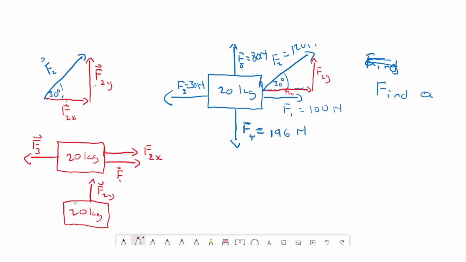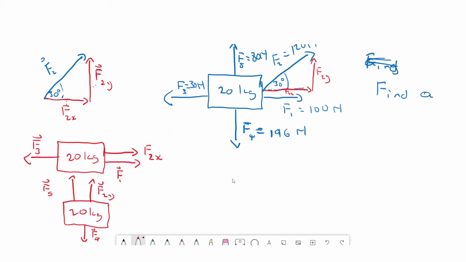Then I have F5 also, it's going up. Then I have F4 going down. All right, so this is what I have, and now I can actually work through this.